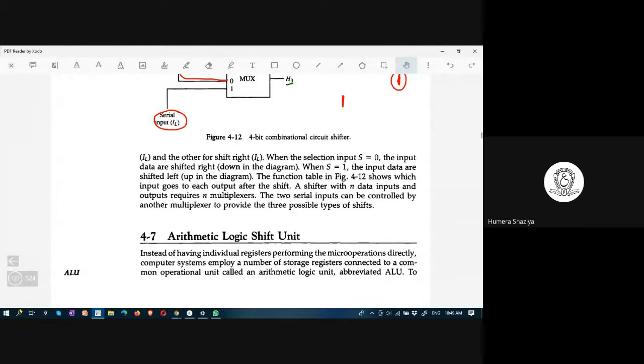Okay, this is the logic shift unit. This is the ALU, arithmetic logic shift unit, abbreviated as arithmetic and logical unit, which supports arithmetic, logic and shift operations.